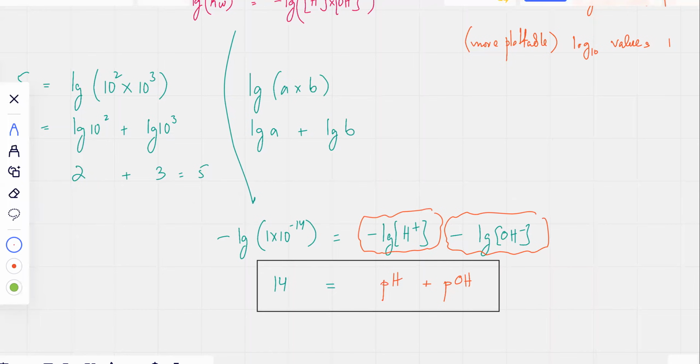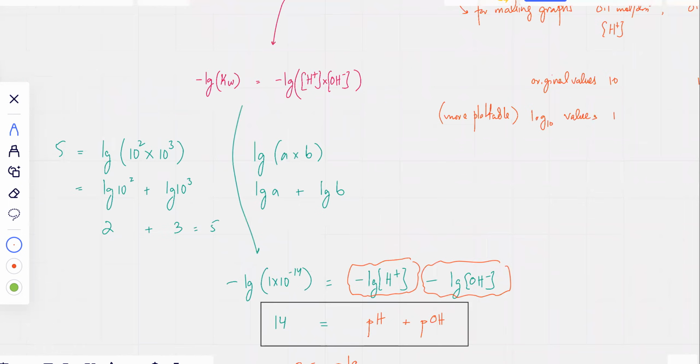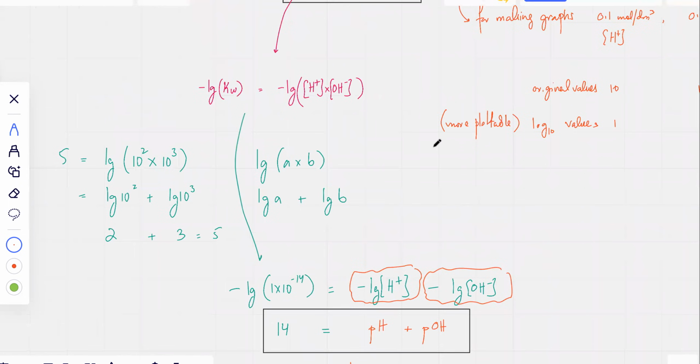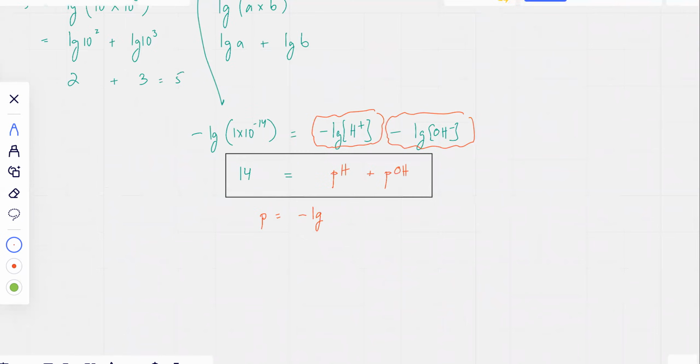P always stands for the negative log of something. So when you write pH, that means it's the negative log of H plus 1. If you write pOH, that's the negative log of OH minus 1. So remember these two expressions. We did the first one, we took the negative log of that, and we got this second expression. Is this clear?